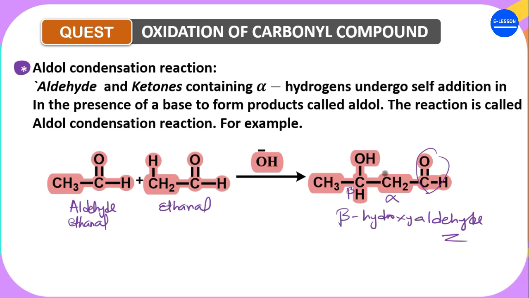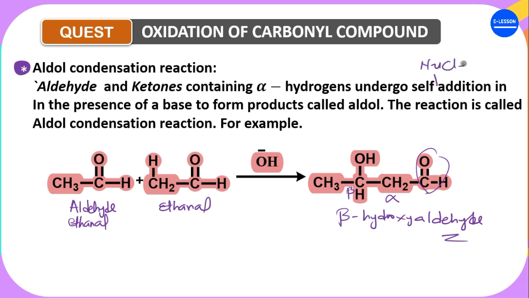So we can now say that the Aldol condensation reaction, let's take it this way, is a reaction whereby an aldehyde or a ketone containing alpha hydrogen undergoes self-addition. Now listen, what kind of addition is this? It's called nucleophilic addition. Okay?